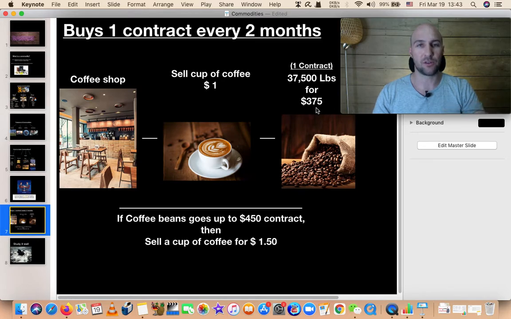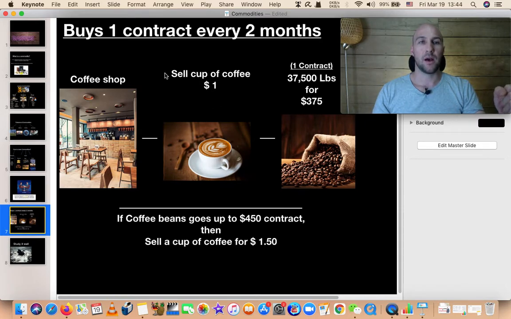Now you use a lot of margin to trade futures contracts, so that's why it's only 375 to handle this much coffee. So if this coffee shop owner buys one contract of beans at this price, he can sell a cup of coffee for $1.